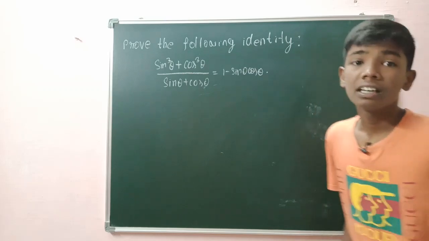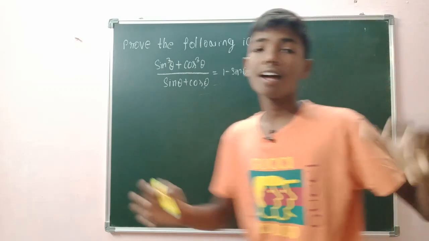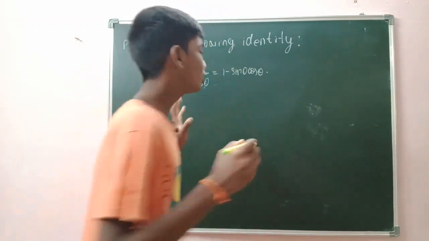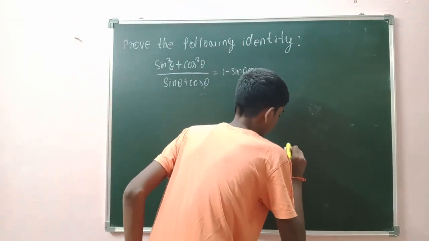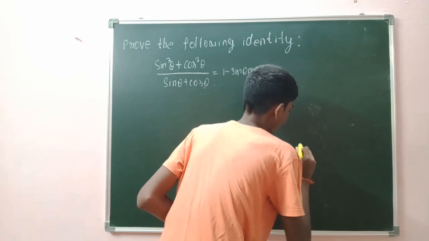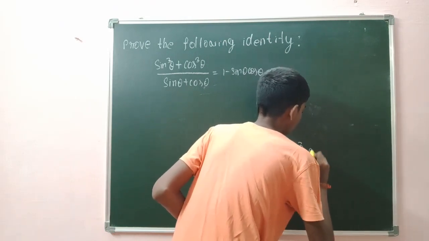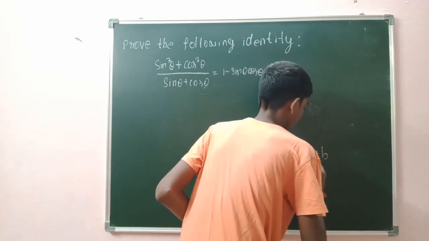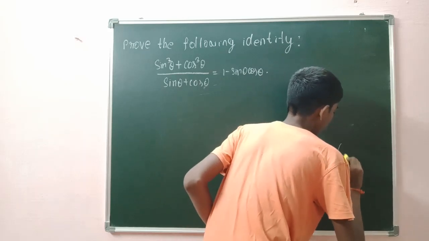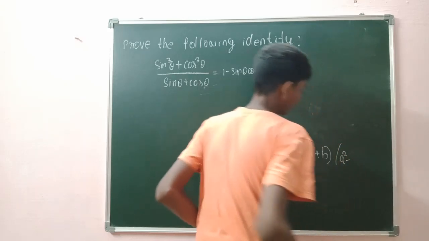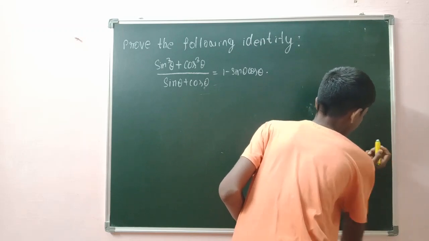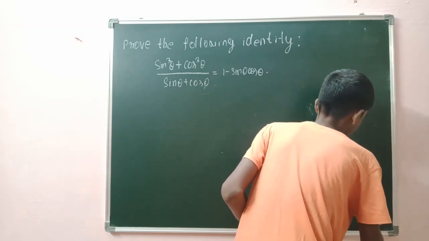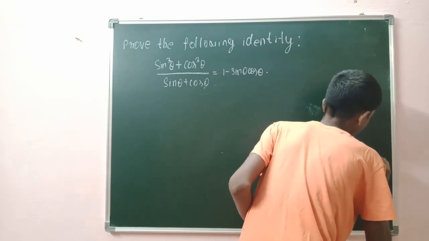That is something I am having in the numerator now. So from this I was able to know that I need to use the a cube plus b cube identity, nothing but a plus b into a square minus ab plus b square. Correct or not?